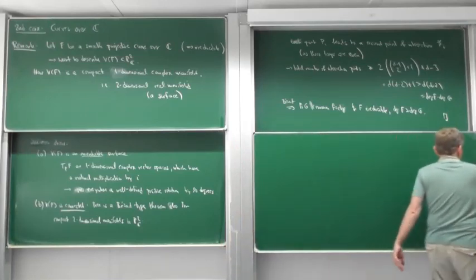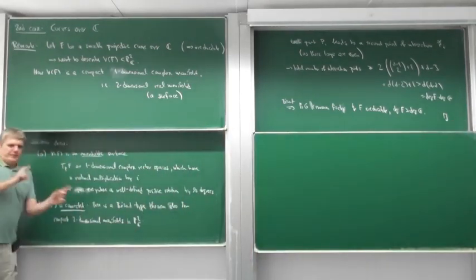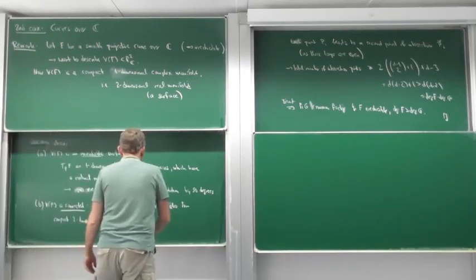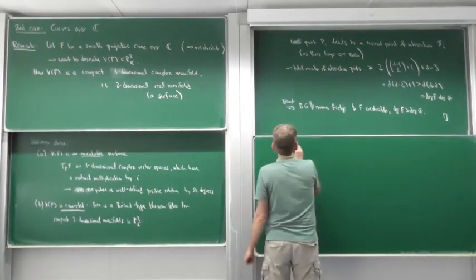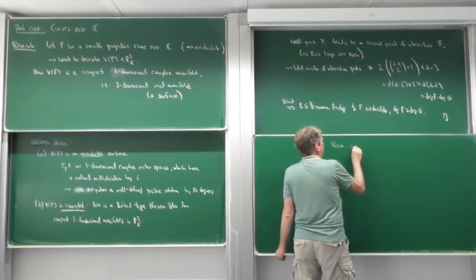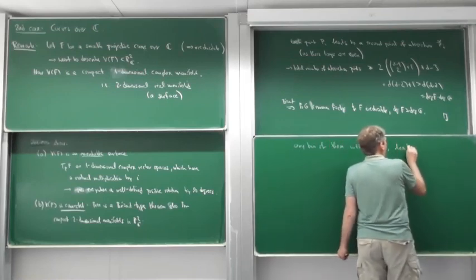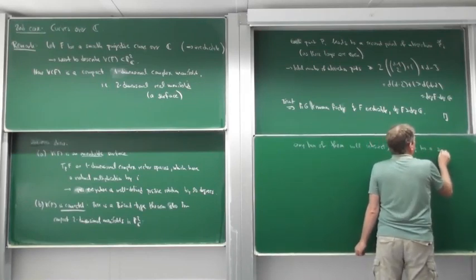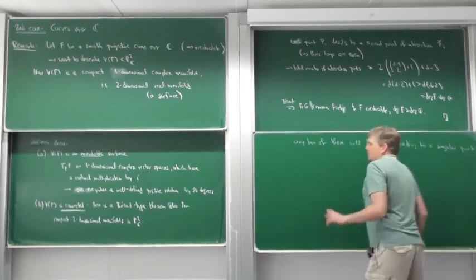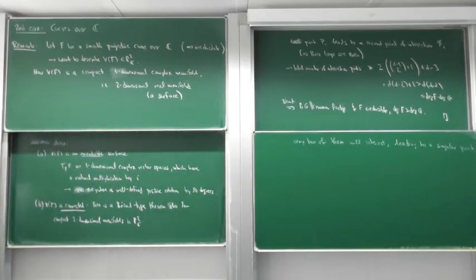So if we had a disconnected thing, then each component would be a two-dimensional complex manifold, and they would intersect, leading to a singular point, which we have excluded. So the complex picture is really very different from the real one. We do get a connected space this time.